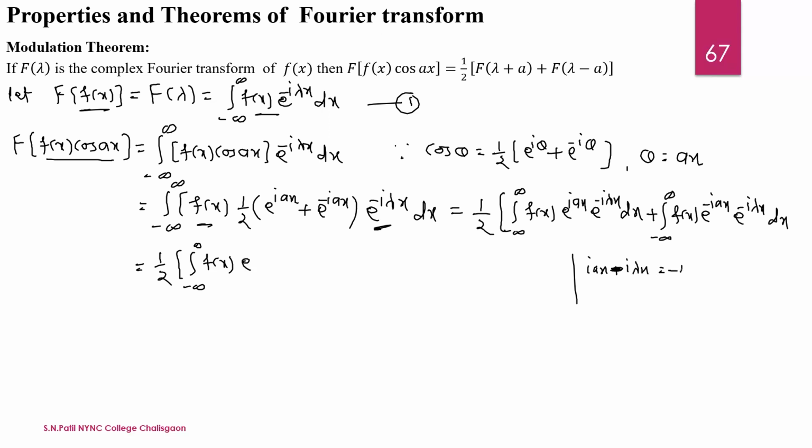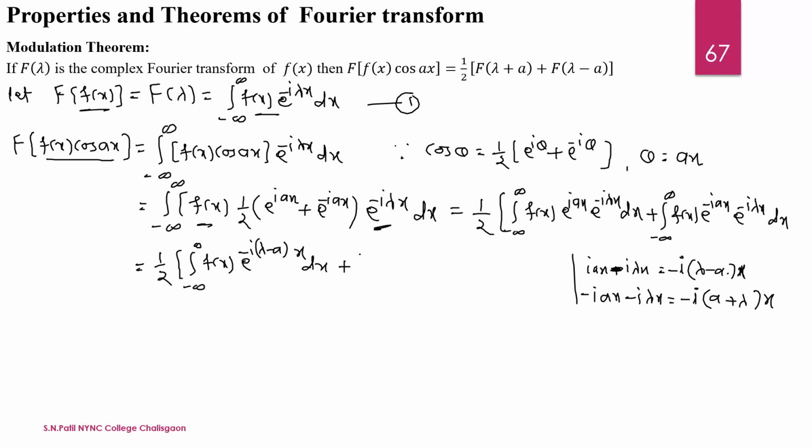So we take minus I common and x common. Then what is the remaining term? Lambda minus a is remaining. Now in the second term, minus I ax minus I lambda x. So we take minus I common and x common. When we take minus I common, remaining here a, and here plus lambda. Here the first term we write e to the power minus I in bracket lambda minus a into x dx.